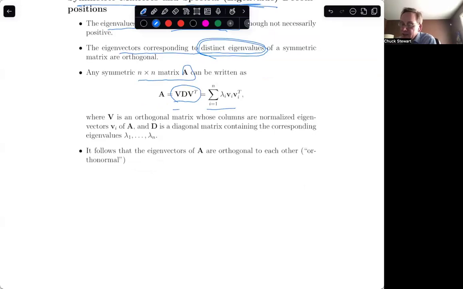So let's write this out as A equals V D V transpose, where V equals V1, V2, through Vn. These are orthogonal to each other, and they're unit vectors.